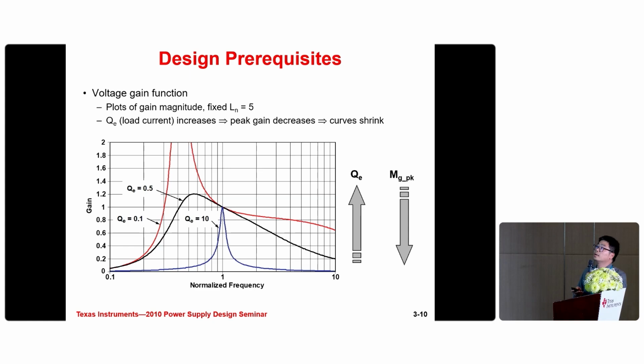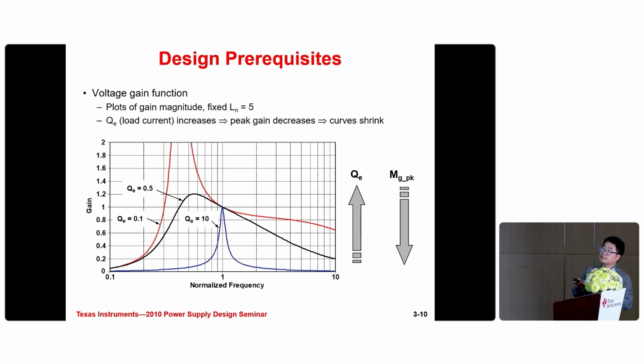From this part, we draw this gain plot based on the equation I mentioned in the previous slides. For this plot, we fixed the LM.